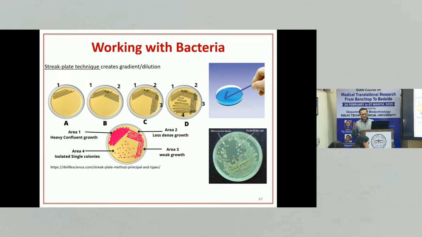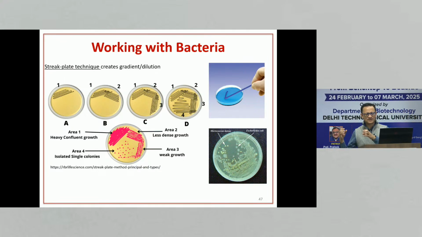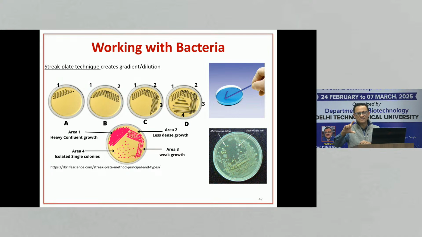I know in labs in the past I have seen, if people don't have biosafety cabinets, they use a Bunsen burner, heat the loop to work with bacteria, so that they are making it sterile and then working with bacteria. So you have to work very, very carefully. There is proper training. You are wearing a proper lab coat and taking all the precautions, PPE.